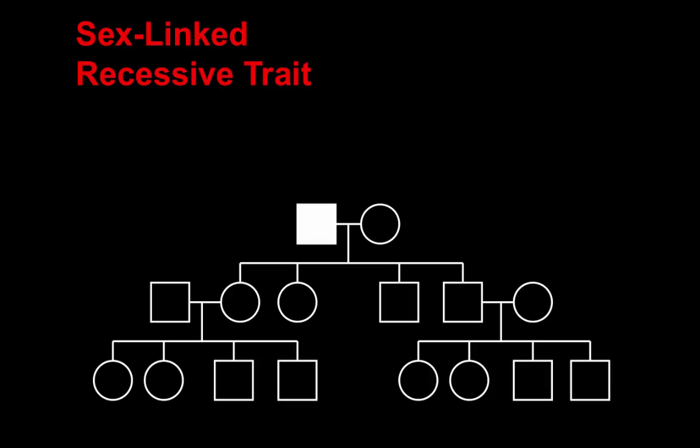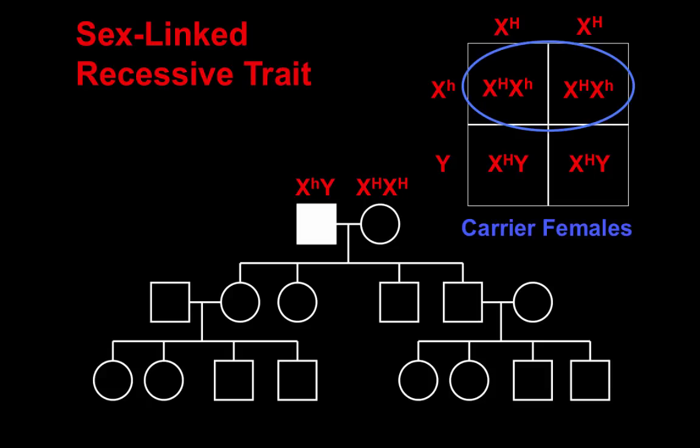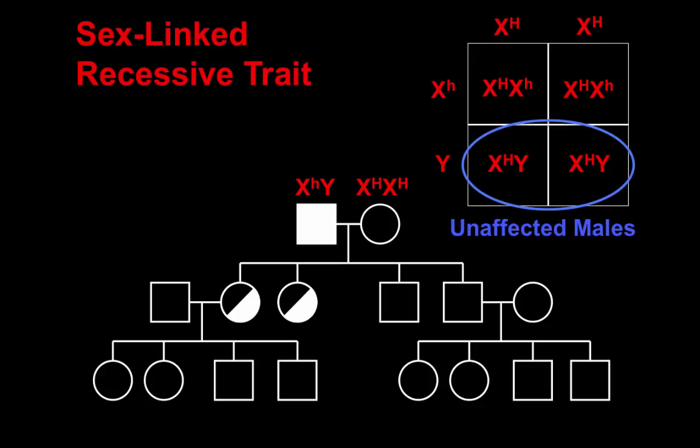So again, let's say grandpa here is colorblind. Grandma is not a carrier, so she's homozygous dominant. We do our Punnett square. We're going to find out we have about 50% carrier females and unaffected males.